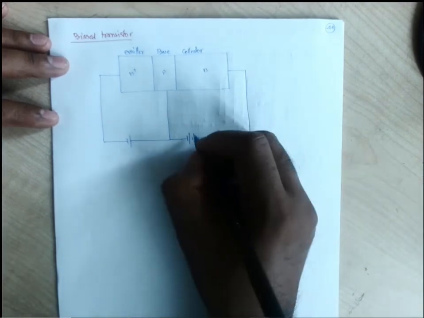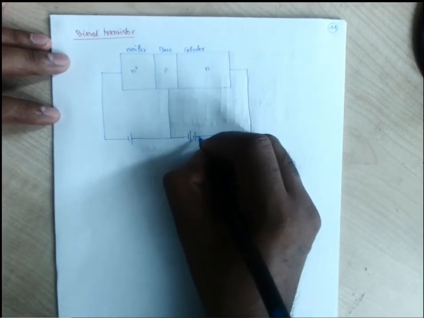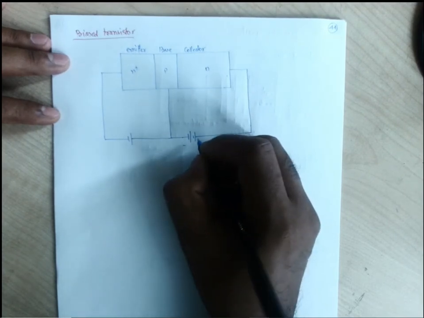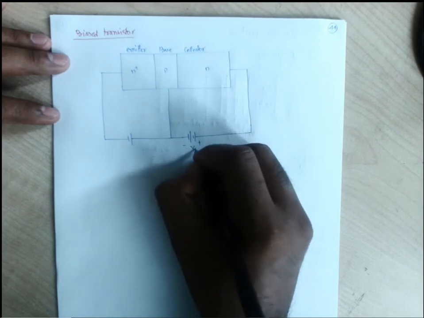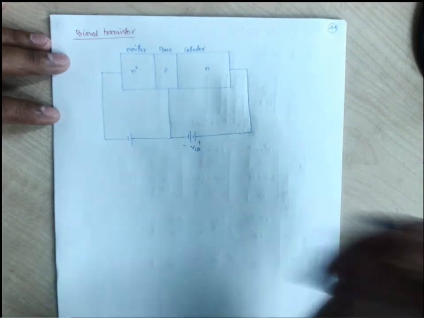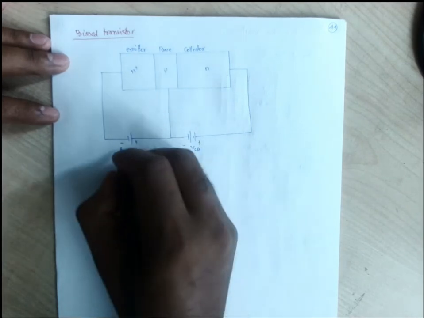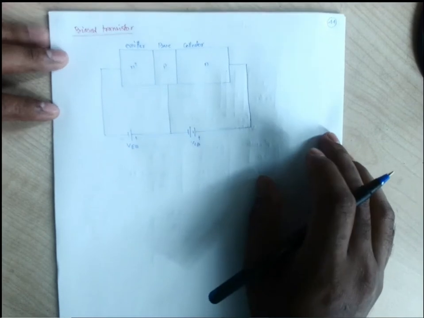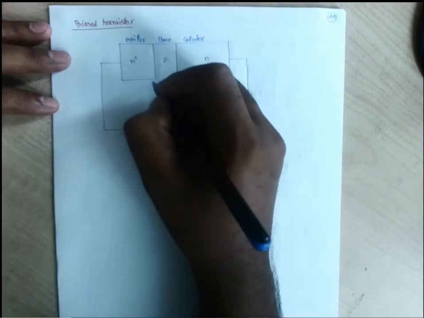This potential of the battery is recognized as VCB, or somewhere you will find it is VCC. This one is VEB or VBE. So this side it is forward bias.